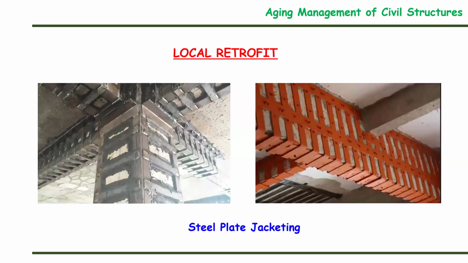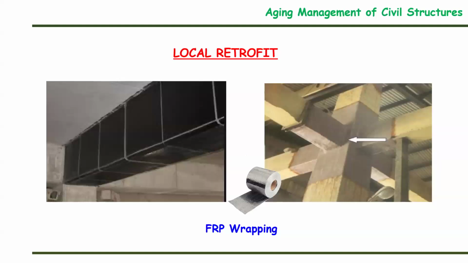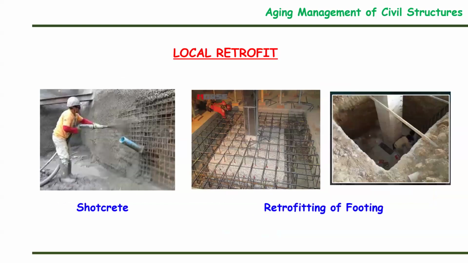This slide shows the steel jacketing of column, beam column junction and beam as an example of local retrofit. This slide shows the FRP wrapping of beams, beam column junction, and columns as an example of local retrofit.